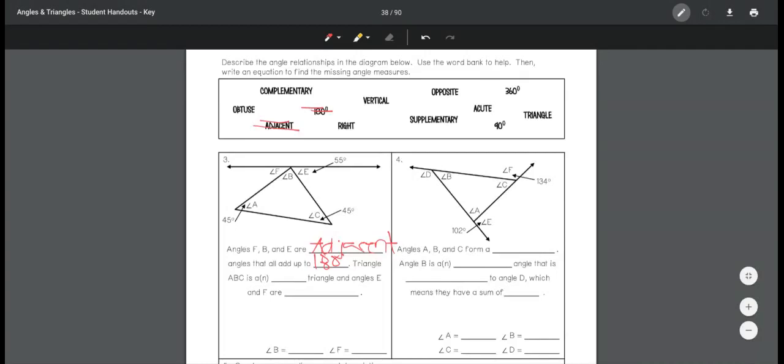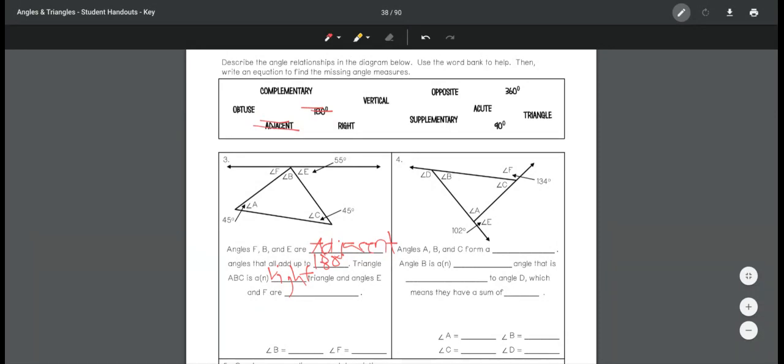So we are going to write right here. If you can see that, that definitely says right.